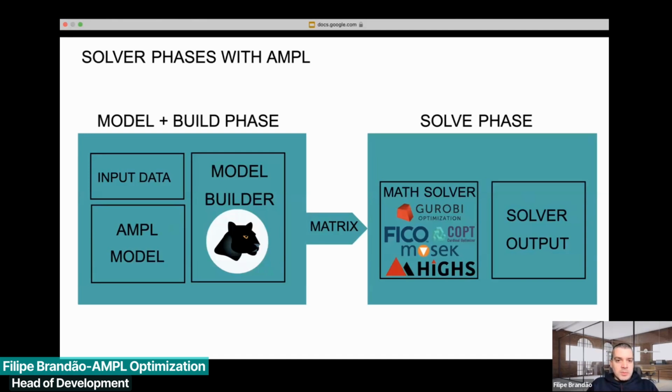And then when that model is combined with data, AMPL is able to produce a matrix in the pure linear case, or it can be more information like expressions in the case of nonlinear problems, that are then sent to mathematical optimization solvers like Gurobi, CPLEX, Xpress, Knitro, and so on. And after the solvers solve the problem, they produce a solution that AMPL then loads back. I'm going to show you these different steps.